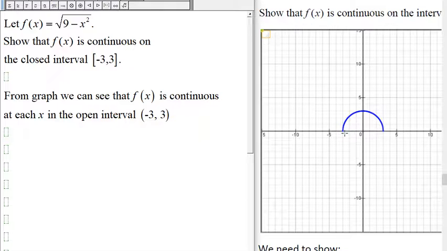So for each x that is between negative 3 and 3, we see from the graph right here that the function is continuous. And now we just need to check those last two conditions.